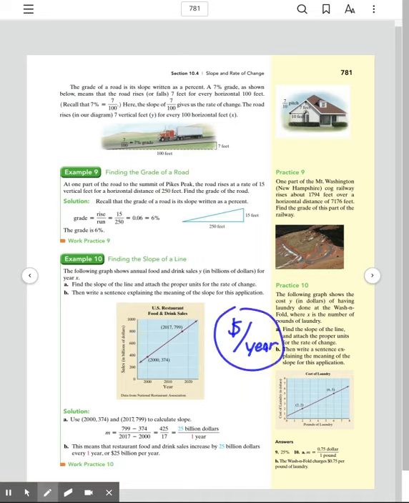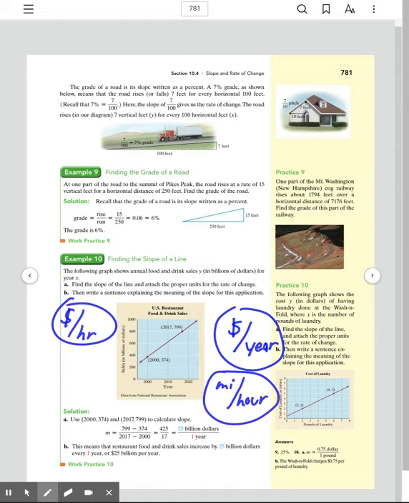You can figure things out like another rate, like miles per hour. You drive, miles per hour would be a rate. We can also say dollars per hour if you're talking about how much you make. If you calculate dollars per hour, that's a linear representation. If you make something like $10 an hour, that's $10 per hour, and that's a rate.